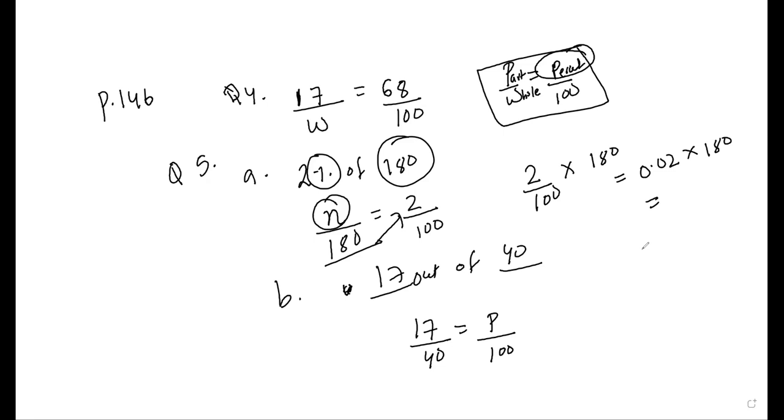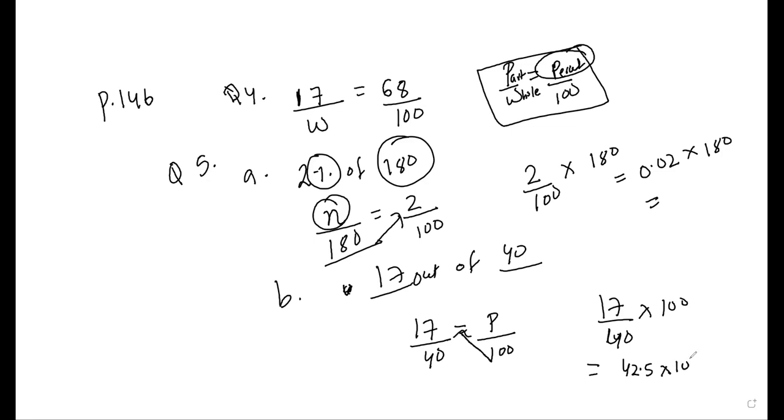Next, 17 out of 40. How do you know the percentage? Where will this 100 go, Leen? Up. 17 over 40 multiplied by 100. So Yalla, tell me what is 17 out of 40? 0.425 is 17 out of 40.